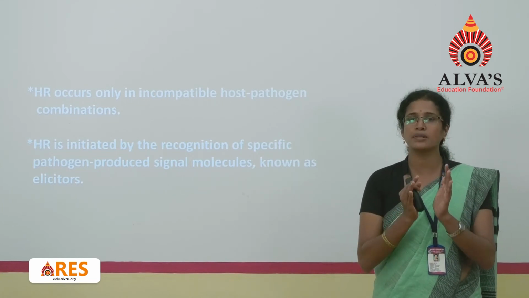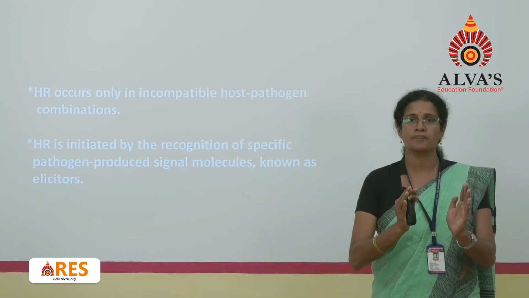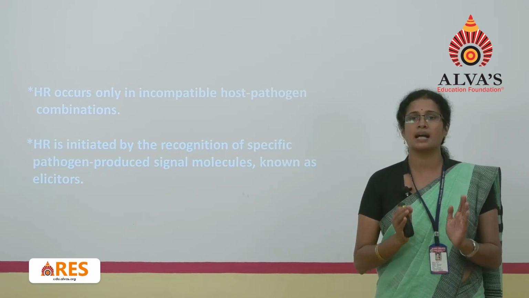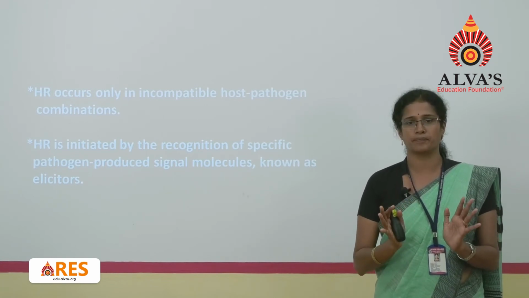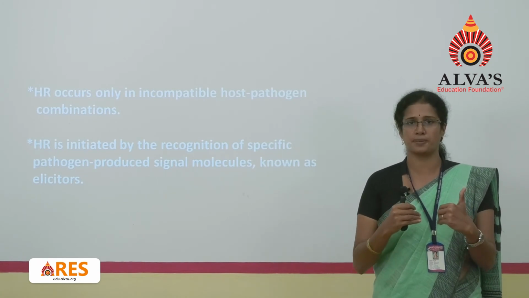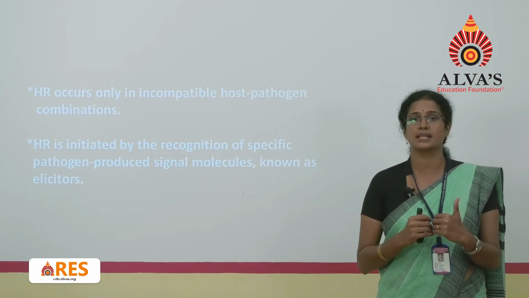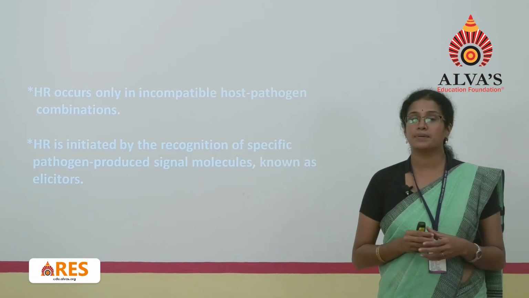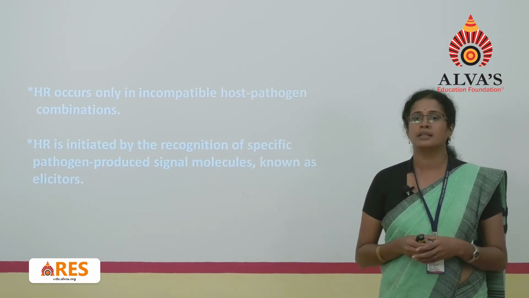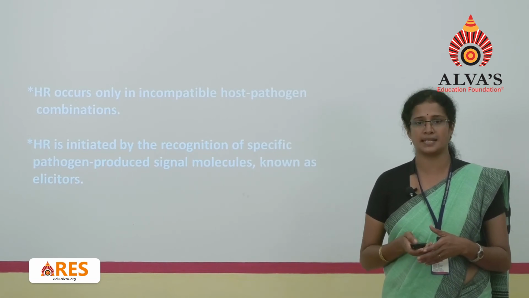It is the one where the pathogen and the host cannot coexist. Only in such cases hypersensitivity reaction will be seen. If the host and the pathogen have some relationship and can exist together, in such cases hypersensitivity response will not be seen. Hypersensitivity response is naturally initiated when the pathogen produces some signal molecules known as elicitors.